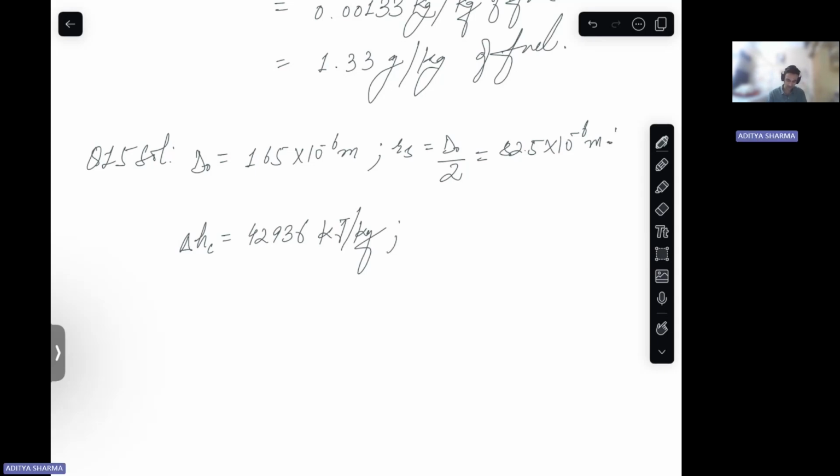Then your thermal conductivity is this, then your temperature of surrounding, temperature at surface, that is boiling temperature, is this.